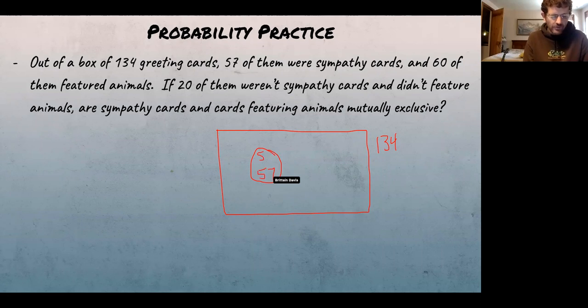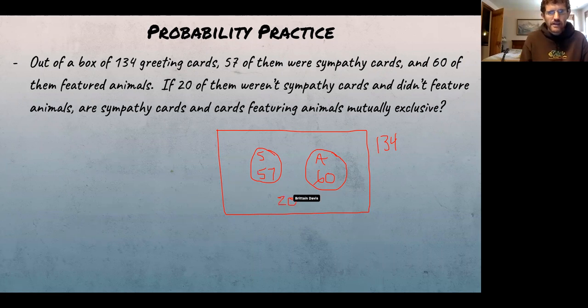I've got another group of cards right here, which are animal. Let's put A for animal, and there are 60 of those. The only other information I have is that 20 cards weren't sympathy cards and didn't feature animals. So they don't fit in either of these groups. It's going to fit out here in the void on the outside of these groups. So 20 of them sit out here.